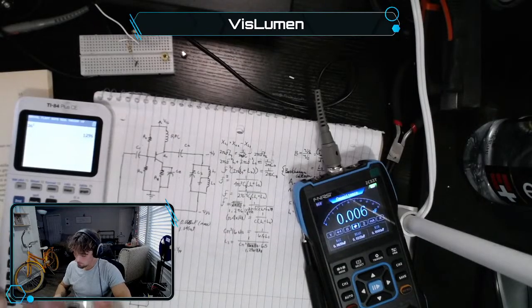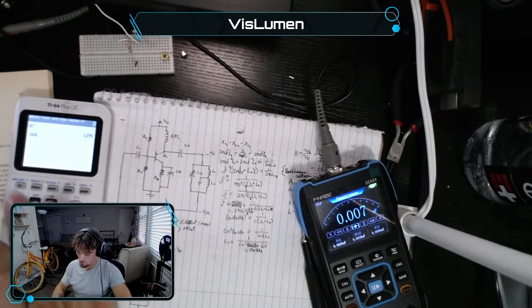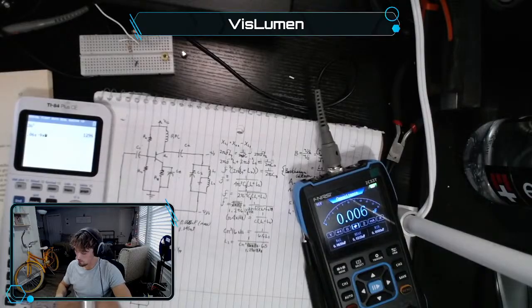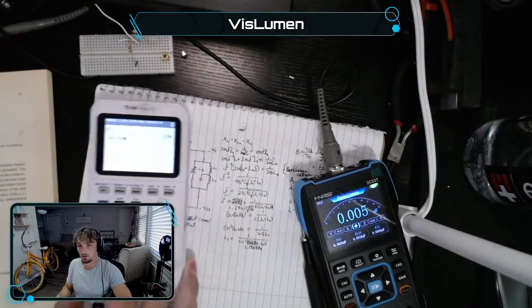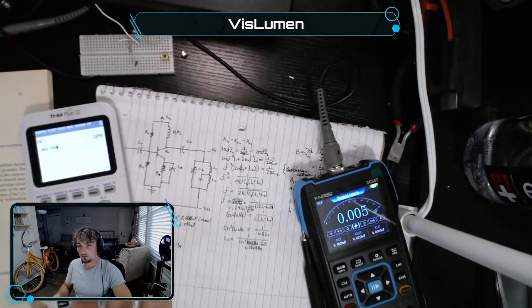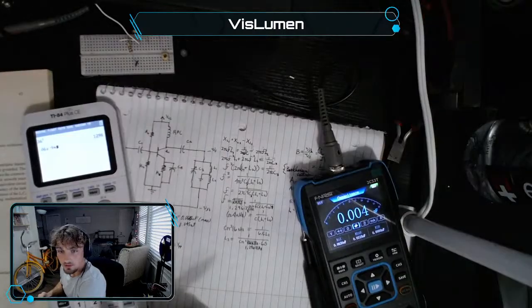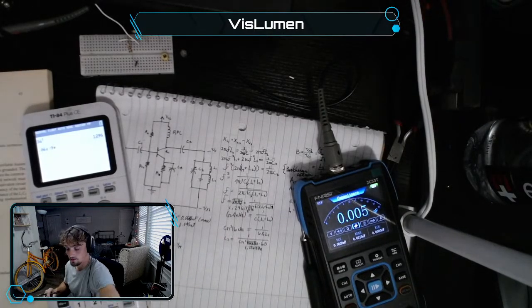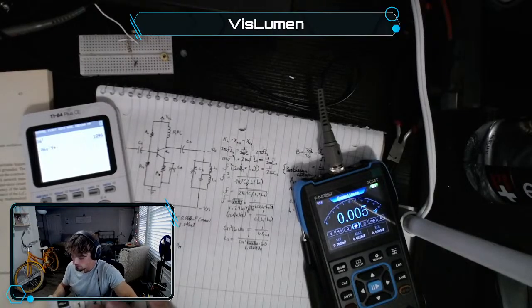Okay, so 0.06 e to the negative 9 times, can you see that? No. Oh yeah, you can. That's still too much. Oh, it is. I need to turn down the brightness of my calculator.